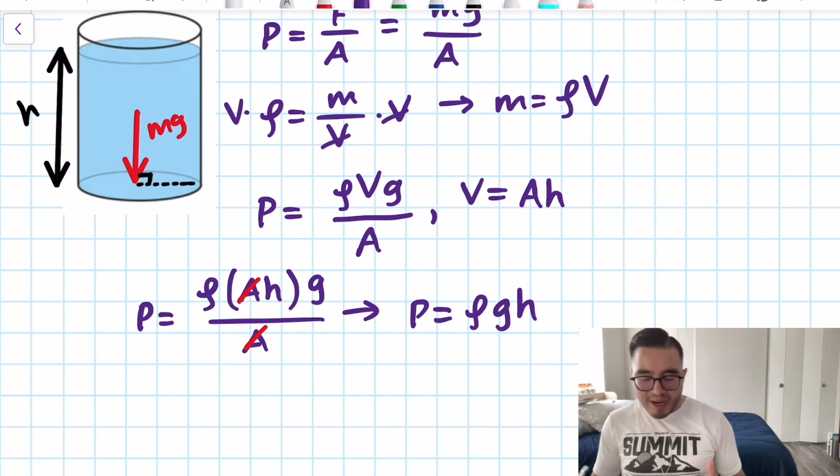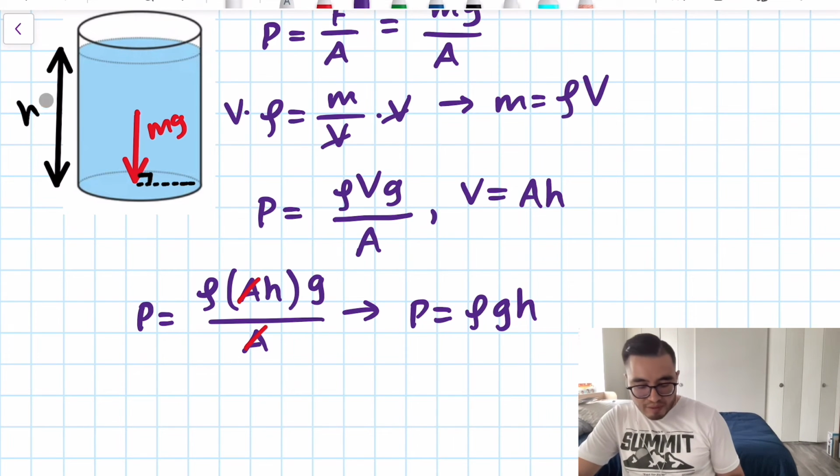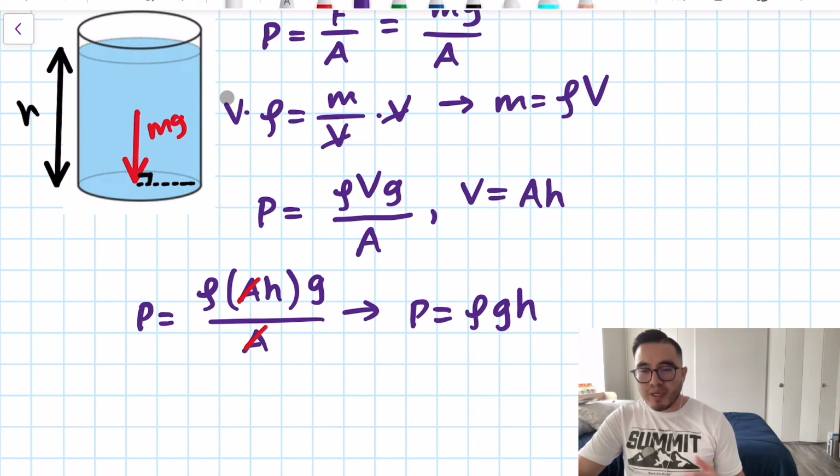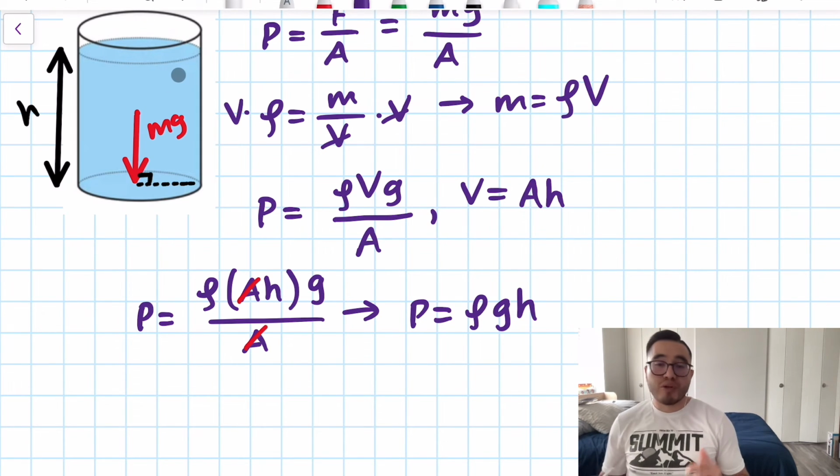And I know I called it height so that we would find the volume. However, when you have a fluid like a pool, we don't really think of the height of the water. We think of depth. So when you use this formula, the h will be depth of the water. Okay, and in this case, the deeper you go, the greater this h value is, the more pressure you'll have. You'll feel there is more pressure.